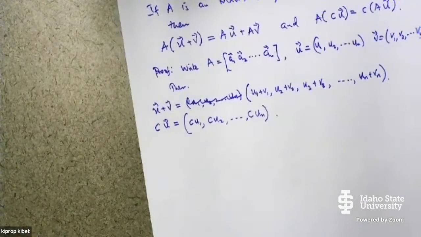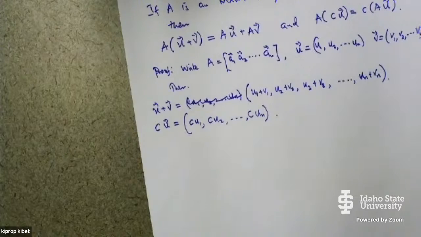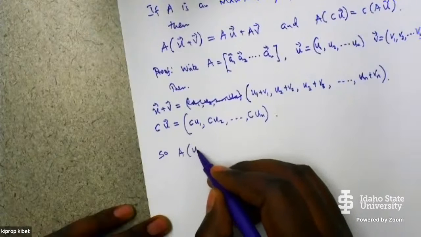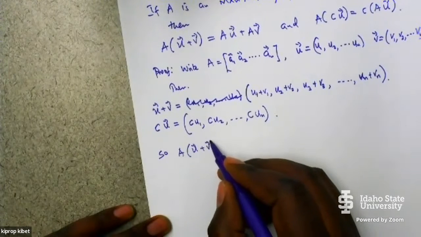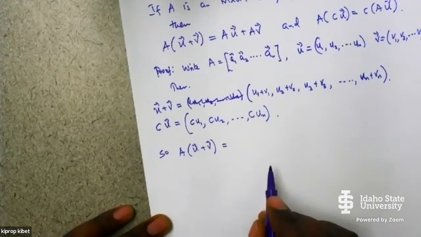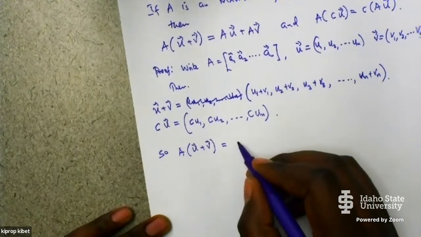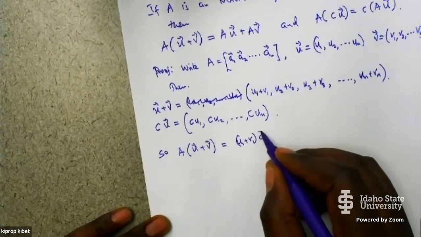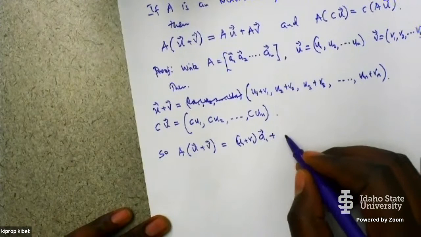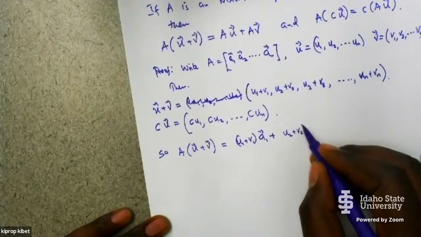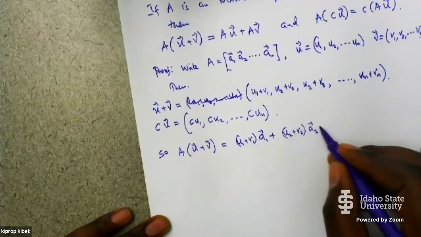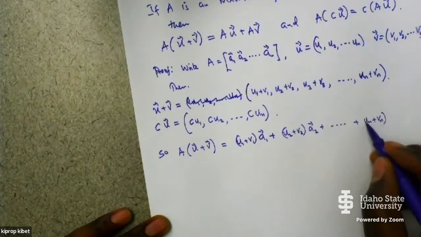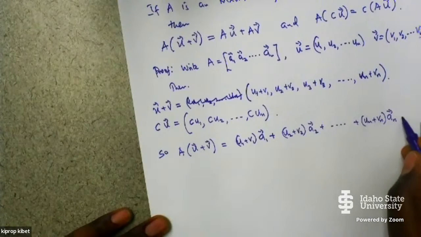So A multiplied by U plus V is similar to U1 plus V1 multiplied by A1, plus U2 plus V2 multiplied by A2, plus up to UN plus Vn multiplied by AN.